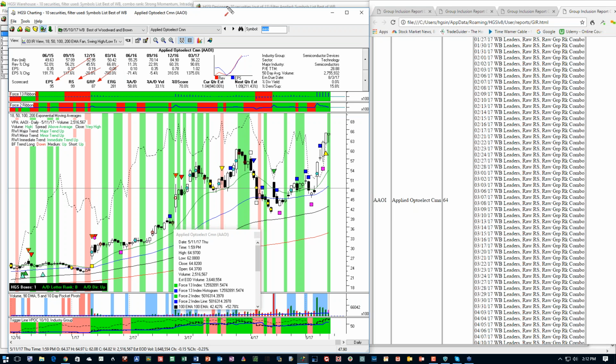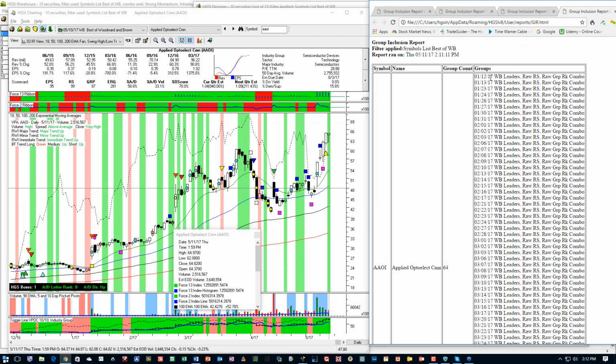Forget about the EPS in this instance. So I'm looking for strong relative strength stocks and stocks which have a high group rank. And this is all based upon the combo ranking. That's it. And you can see that AAOI was appearing in this list going back to the 12th of January.